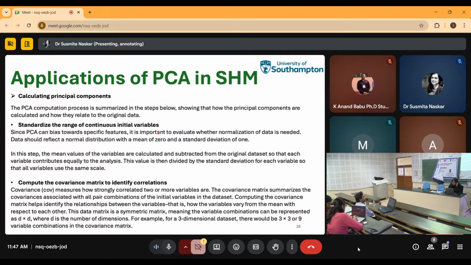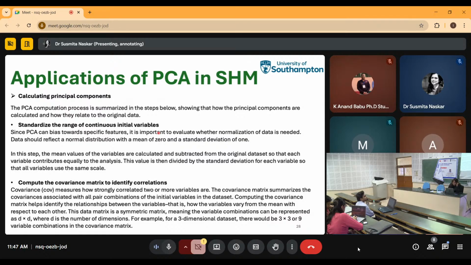That's how we take care of it, right? So every variable has a mean of 0 and a standard deviation of 1. And this will ensure that all features contribute equally to the analysis, right?